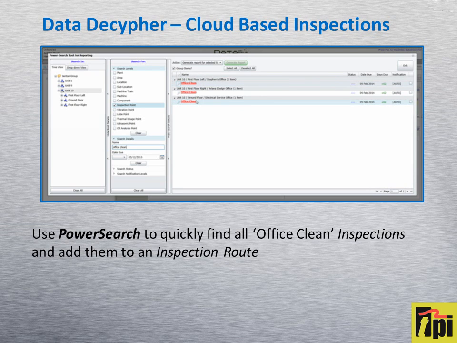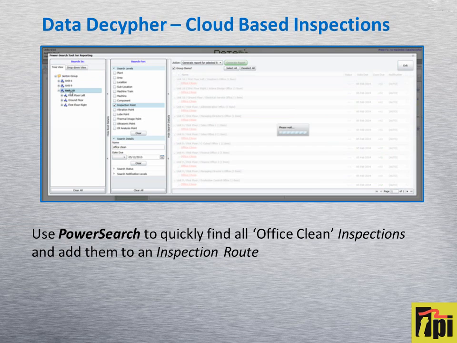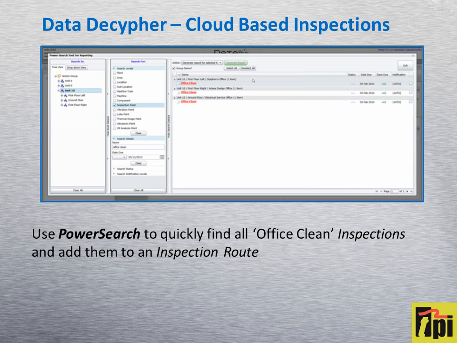And we can see that under the location we've chosen, we've got 3 inspections that are going to be carried out when the user downloads that particular route. If they downloaded a route that had more locations, there would be more instances of the inspection that we would ask them to do.